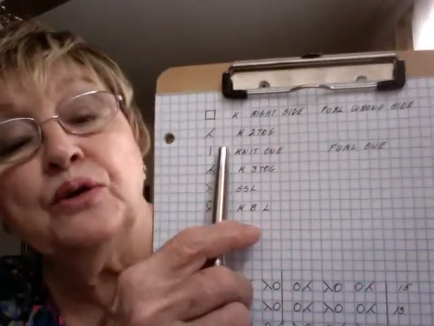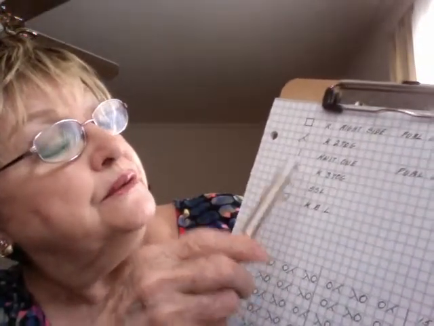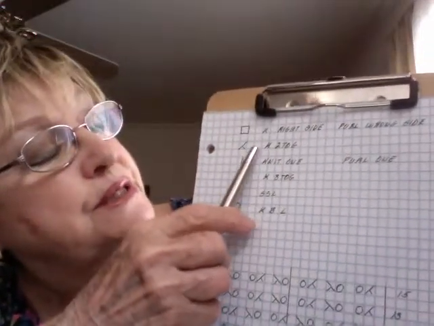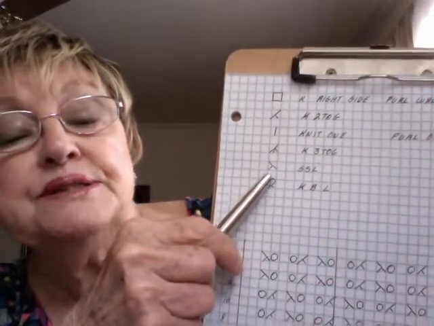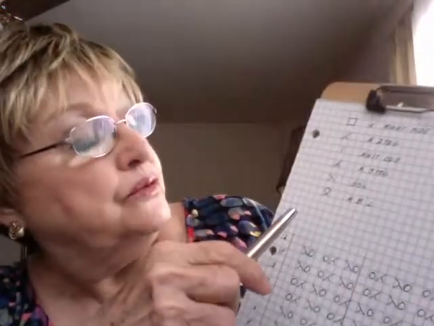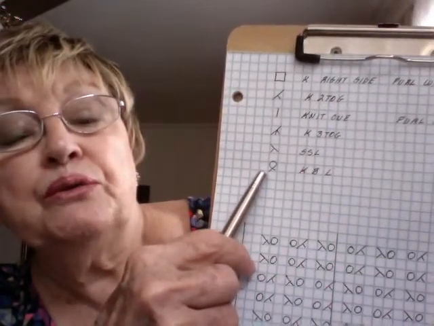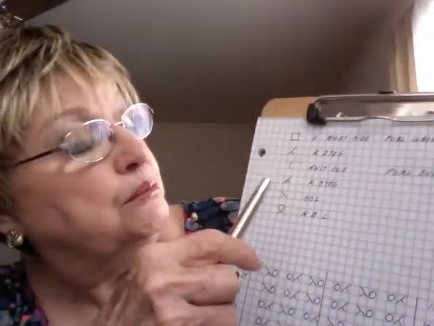So when the little leg is on the right, it means knit together, and when the little leg is on the left, it means slide, slide, knit. And this means that you need to do it through the back of the stitch, through the back loop.